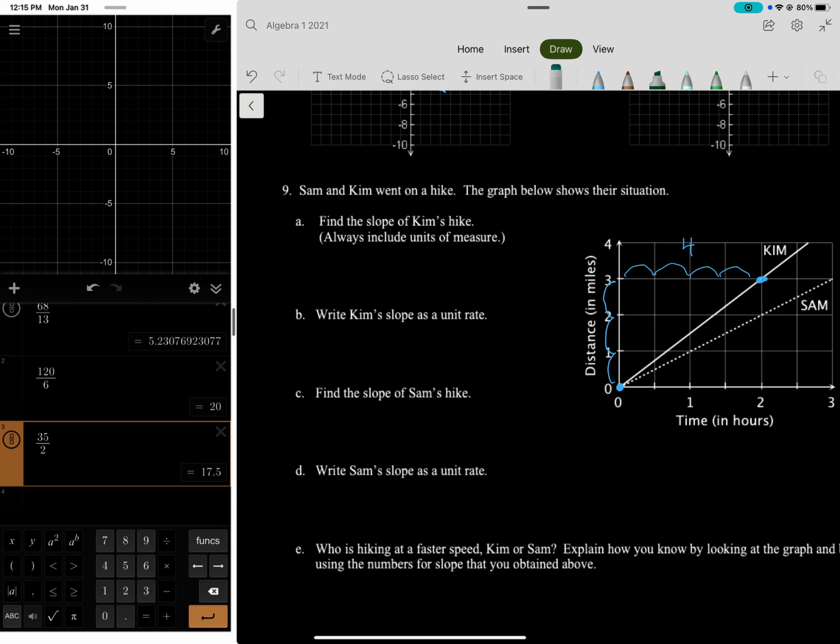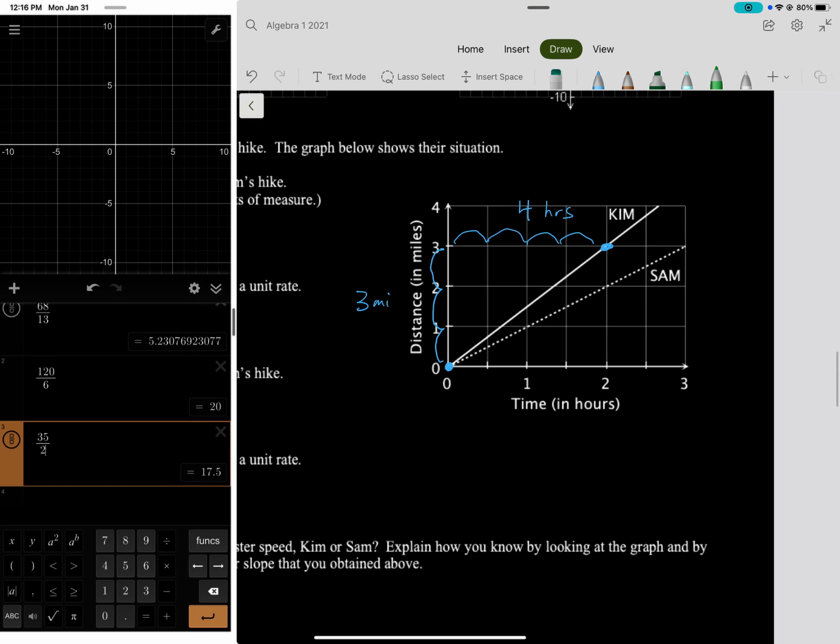So it's going to be a +3 miles. I'll use MI for miles. And the time is in hours, so it'll take her 4 hours. So remember, it's rise over run, so it's going to be 3 miles every 4 hours. Before we get into her unit rate, let's go find the slope of Sam's hike.